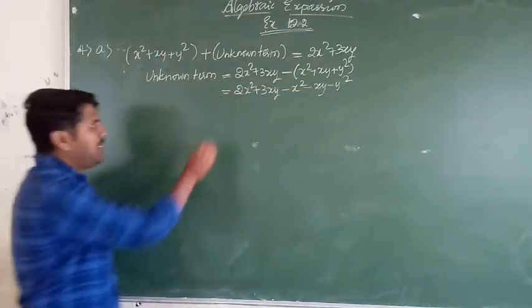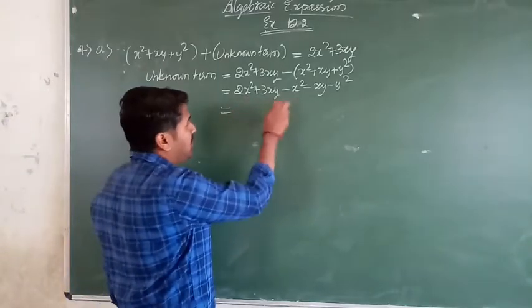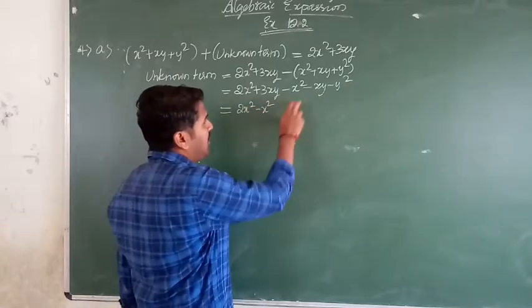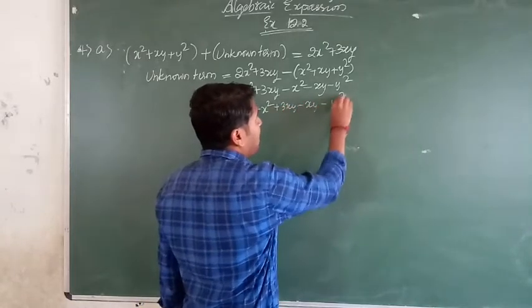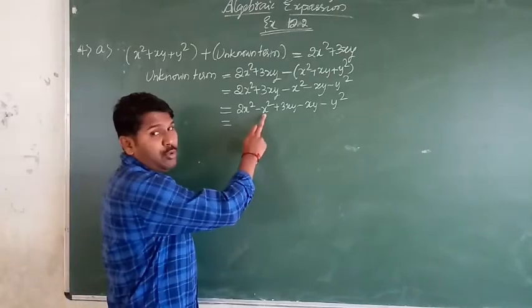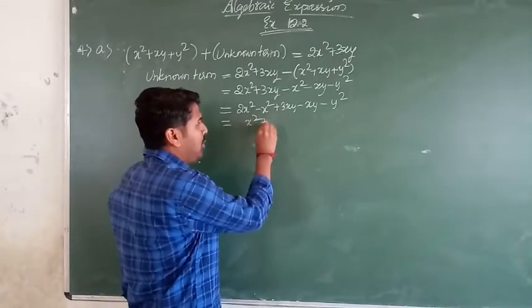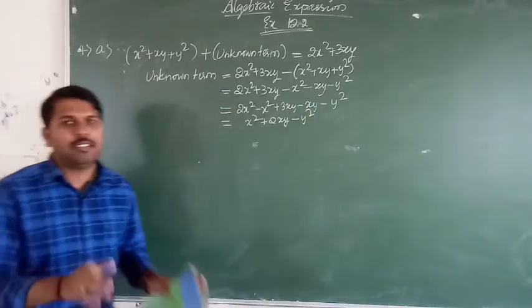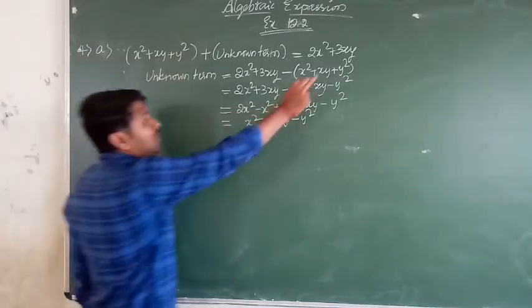First combine the same algebraic terms. 2x square minus x square, next 3xy minus xy, and minus y square as it is. Now solve it. 2 minus 1, 1x square. 3 minus 1, 2xy minus y square. That's it. You have to add this term to the given term to get the required term.